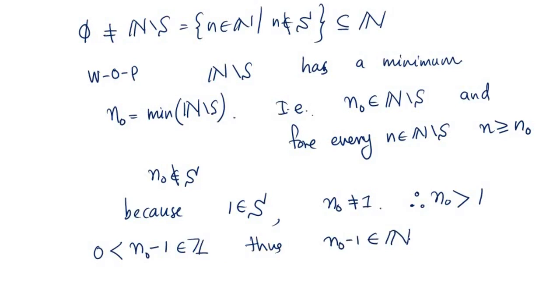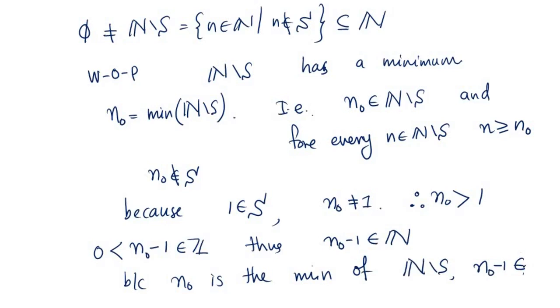Now, n naught is the minimum of N minus S. Therefore, n naught minus 1 cannot be a member of N minus S. Because n naught is the minimum of N minus S, n naught minus 1 does not belong to N minus S, because this is a number smaller than the minimum of this set.